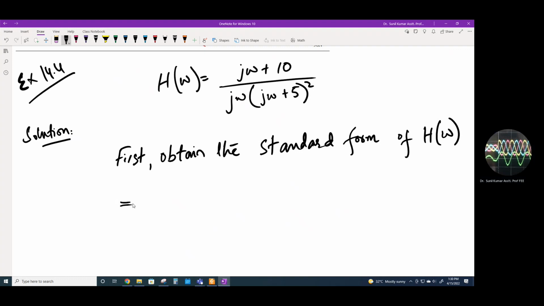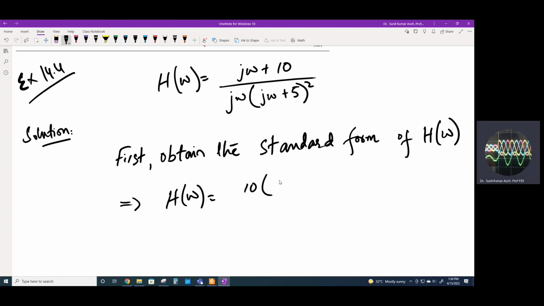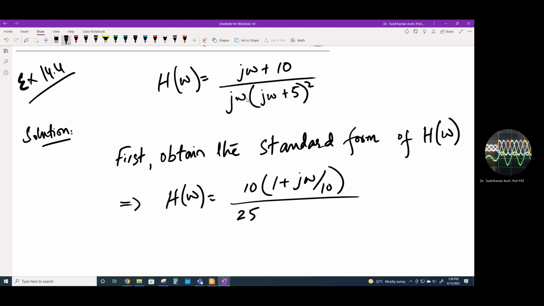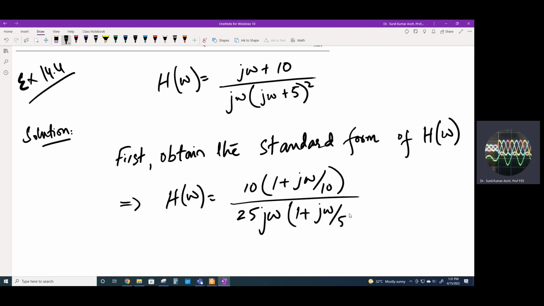Which is H of omega. We take 10 common from the numerator, and we will be left with 1 plus j omega by 10 over. And we take 5 common from this pole, this factor here, and 5 squared will be 25. So we will be left with 25 j omega and 1 plus j omega over 5 whole squared.